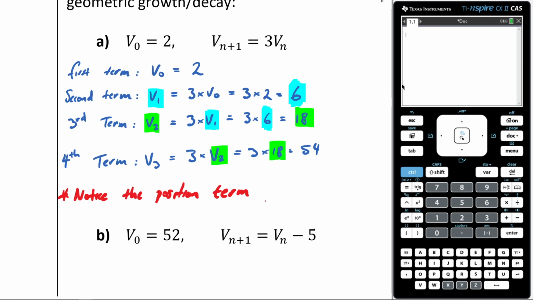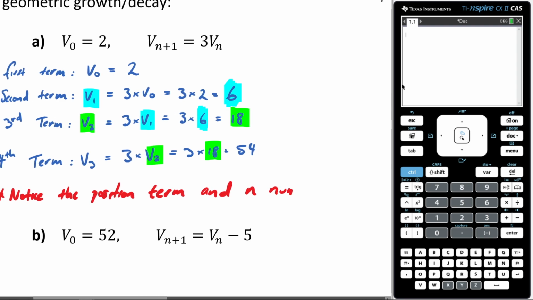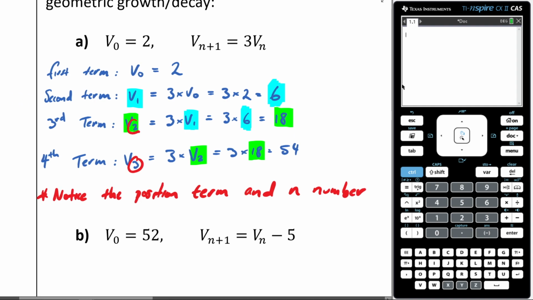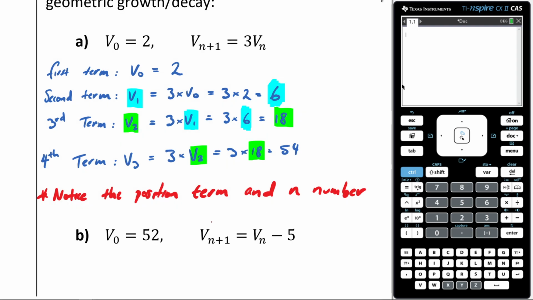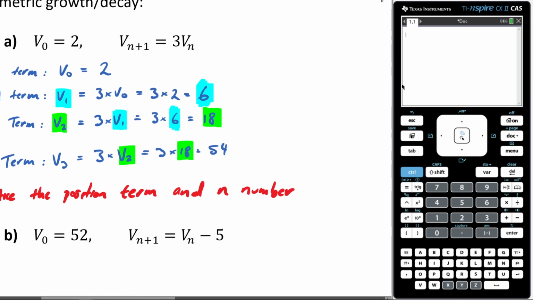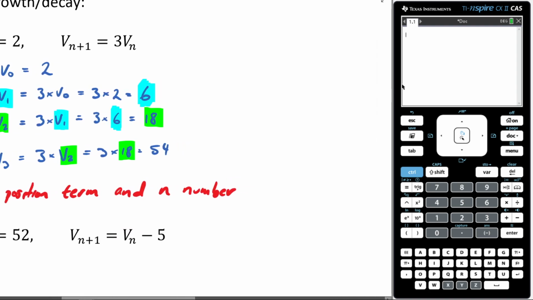And the n number, when I'm saying n number, I'm referring to these things here. Whoops, sorry, sometimes it does that. The position term and n number are not the same.